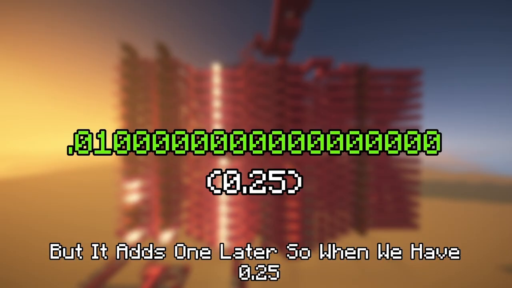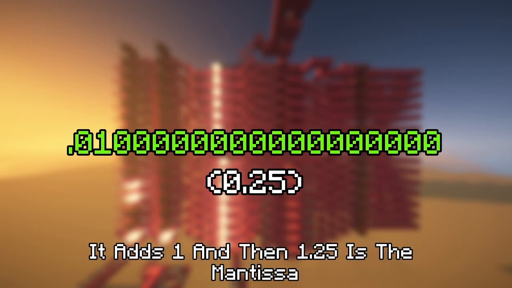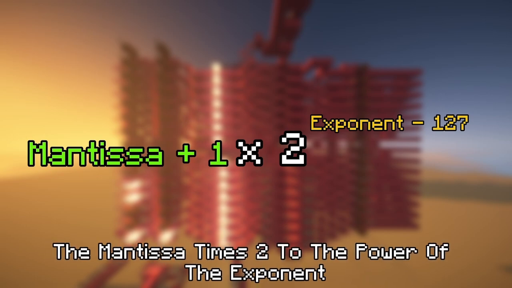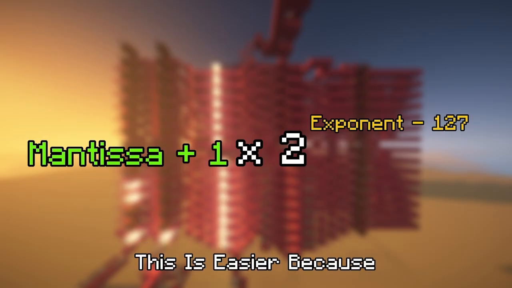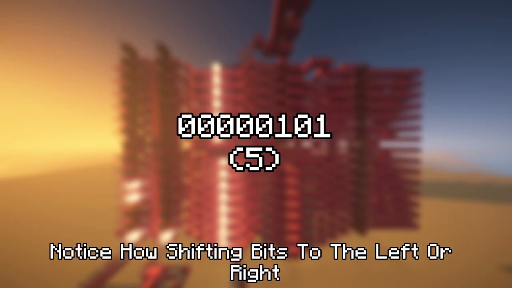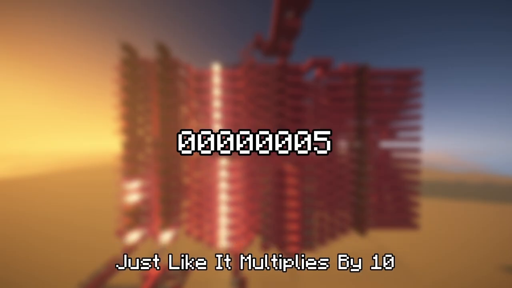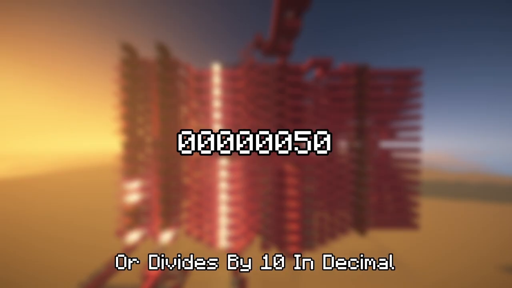So when we have 0.25, it adds 1, and then 1.25 is our mantissa. And then it does the mantissa times 2 to the power of the exponent. This is easier because notice how shifting bits to the left or right multiplies by 2 or divides by 2 in binary, just like it multiplies by 10 or divides by 10 in decimal.